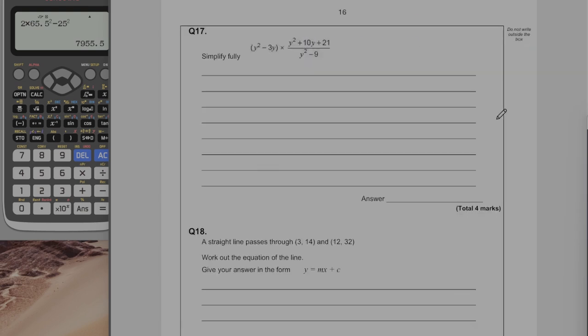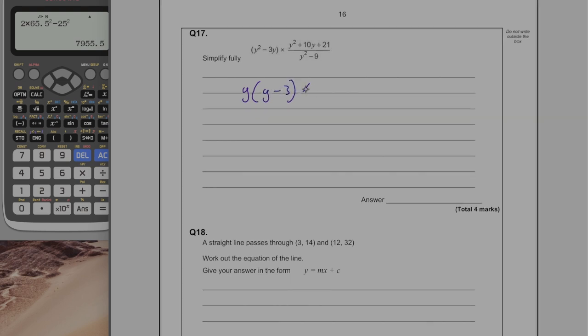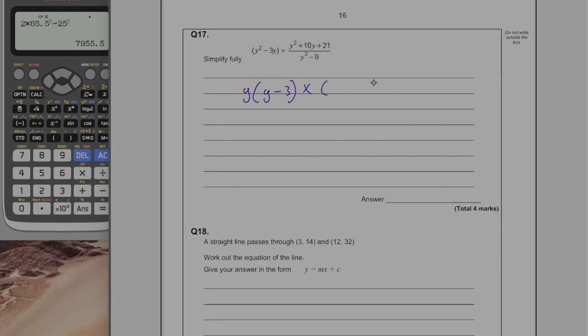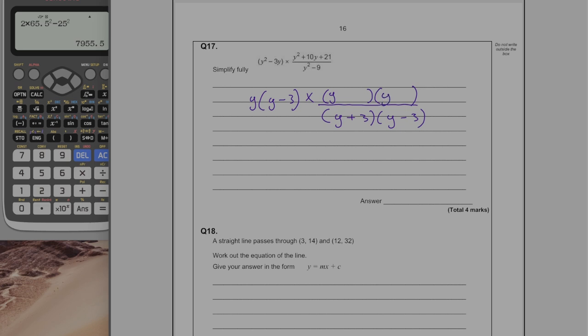Right, question 17, simplify fully. Okay, so I'm going to look at factorizing as I write this down. I can take y out as a common factor here to start with. So we'll say y times y minus 3 times, then if I factorize the top line, it might be easier to factorize the bottom line first, because it's a difference of two squares, so that's going to be y plus 3 times y minus 3. My prediction is that y plus 3 is going to be one of these brackets.